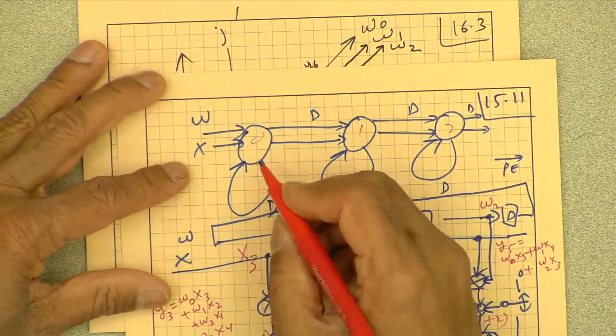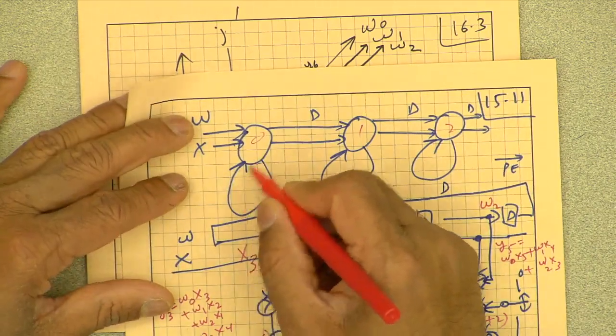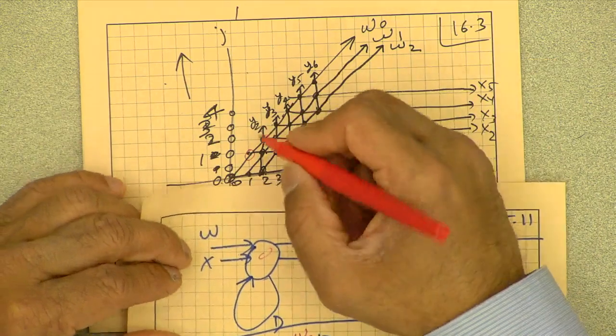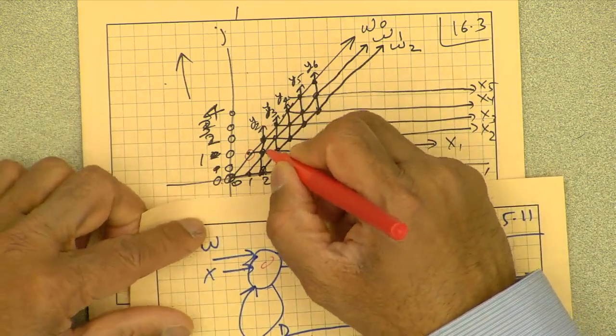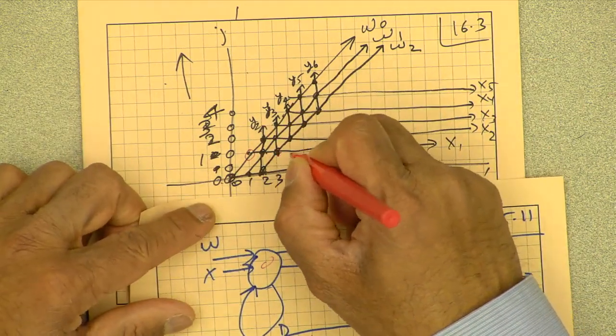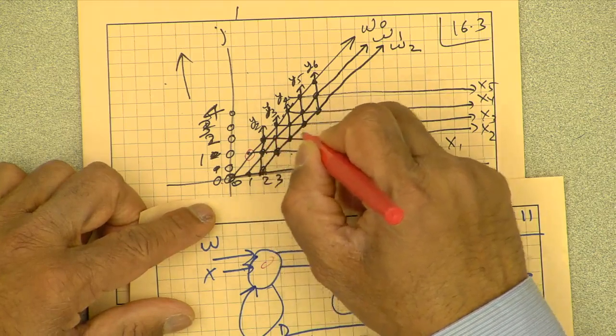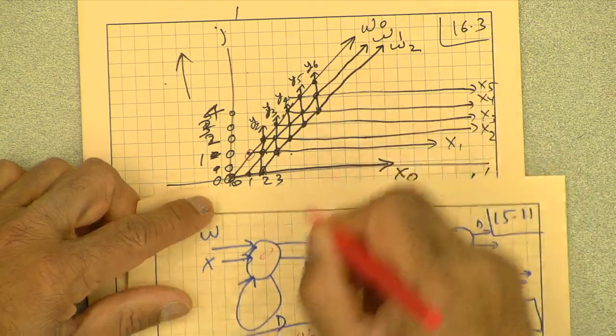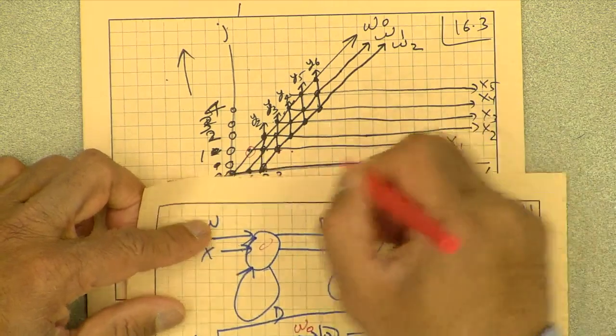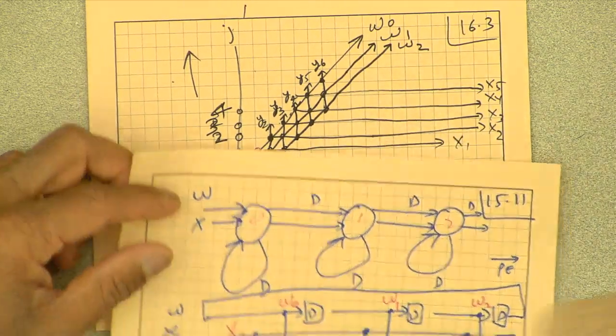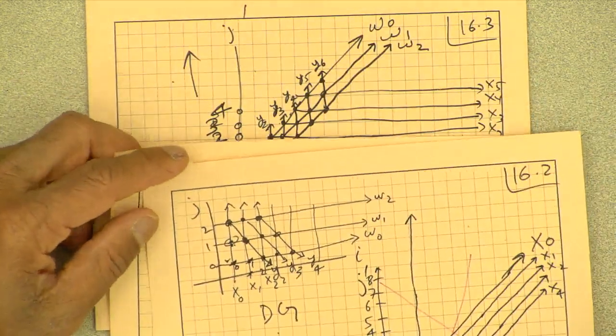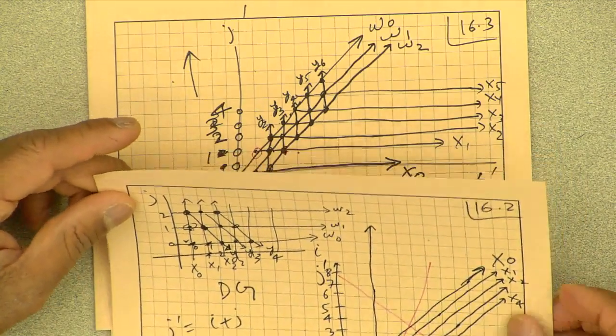Because the result stays in the same processing element. So Y2 should always be in the same PE. Y3 should be the same PE, going with one delay. Now what went wrong? Y and X got switched.